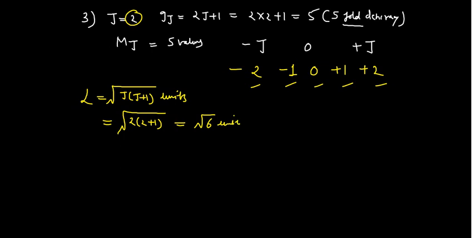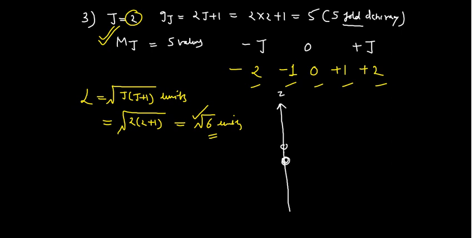Now this time the magnitude is increasing. As the j value increases, the rotational quantum number increases, and the magnitude of the angular momentum also increases. Now if you want to show this on the picture, how can you show it? Say this is your z coordinate, and your molecule is somewhere here.